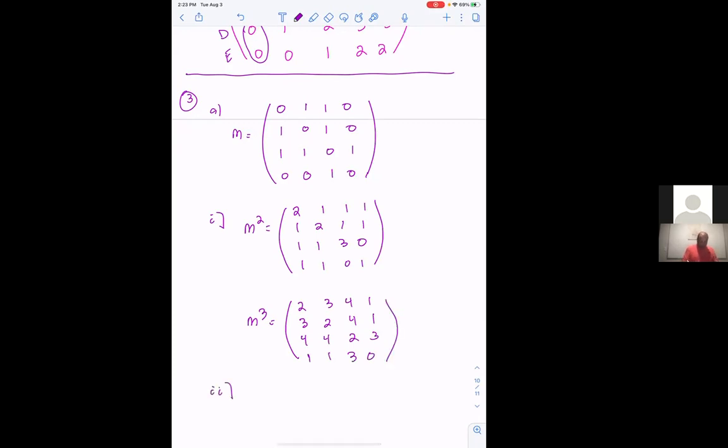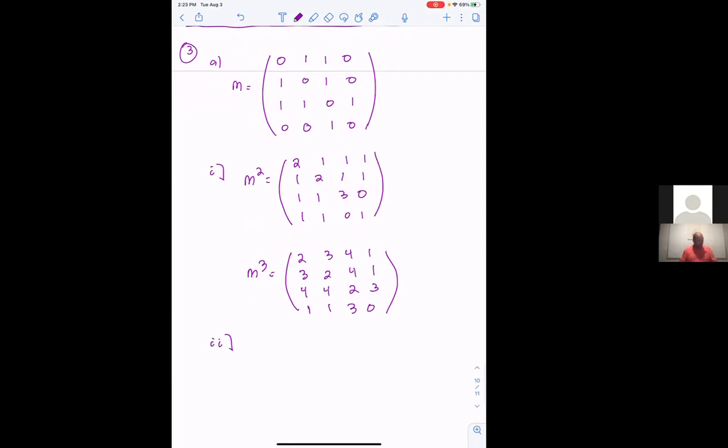So part 2. Write down the number of walks of length 2 from C to A. 1. Immediate. That one right there. C to A, 3rd row of 1st column. Length 2.